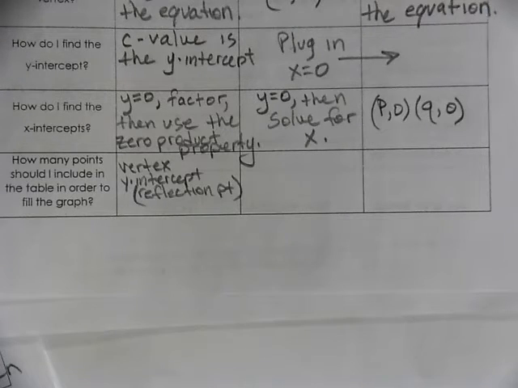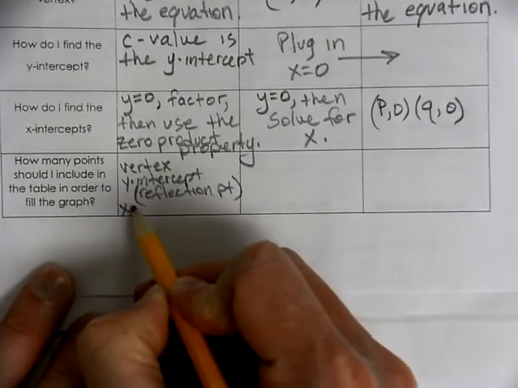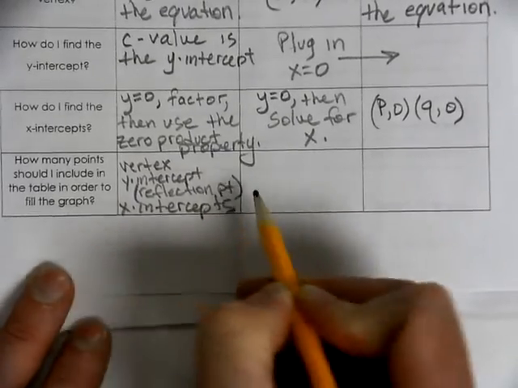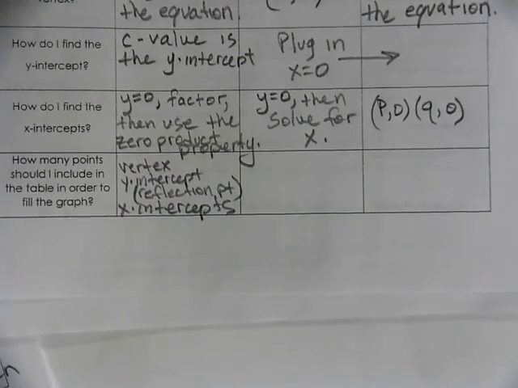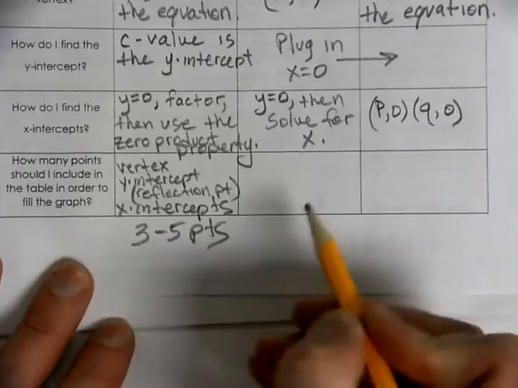Sometimes we even do x-intercepts. Depending on what we know. We would definitely know that for the x-intercepts, the intercept form. Okay, so we're getting 3 to 5 points.